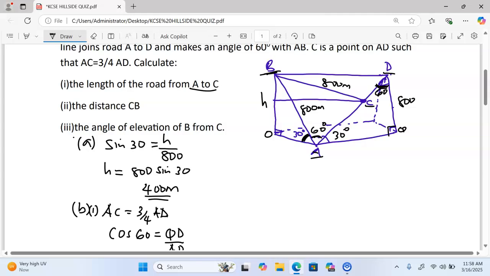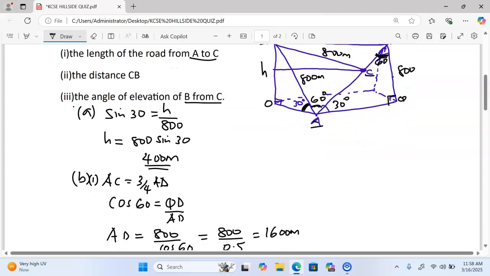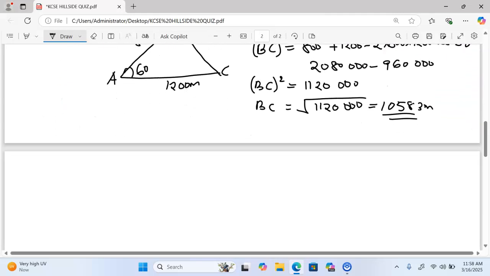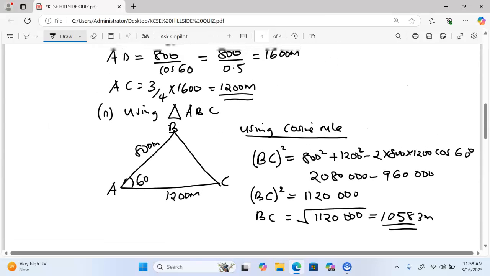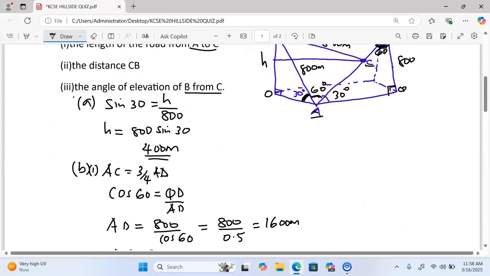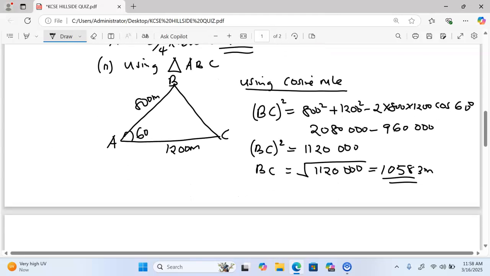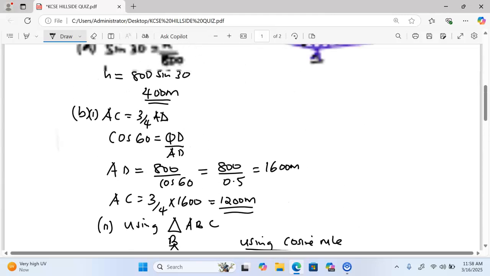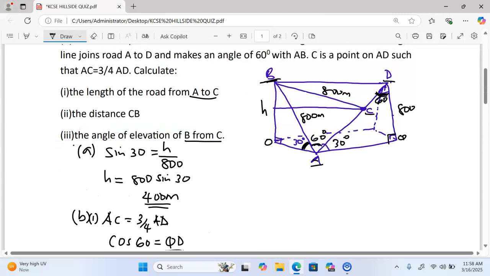Now we need to calculate the angle of elevation of BC. This is now very easy. We are again going to sketch our diagram as follows.